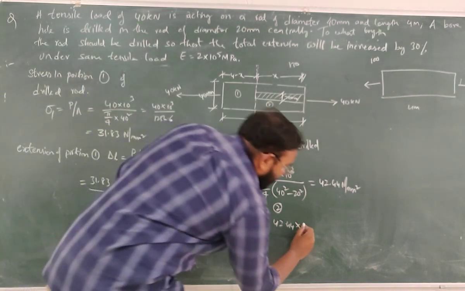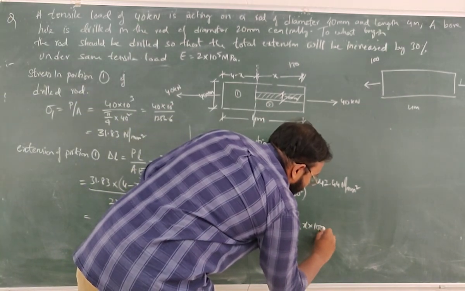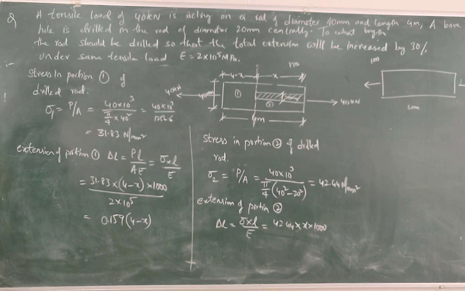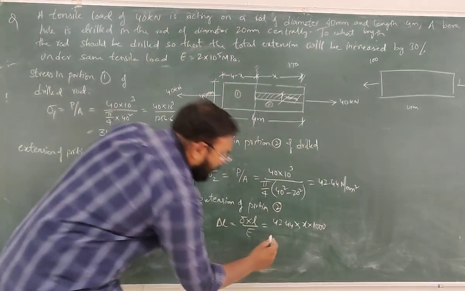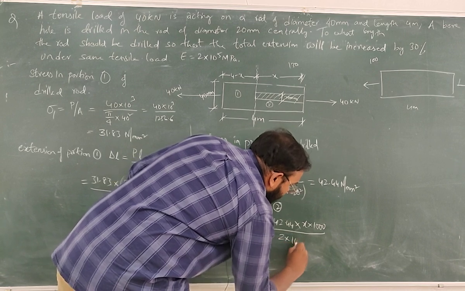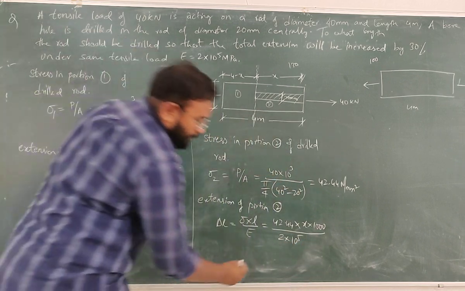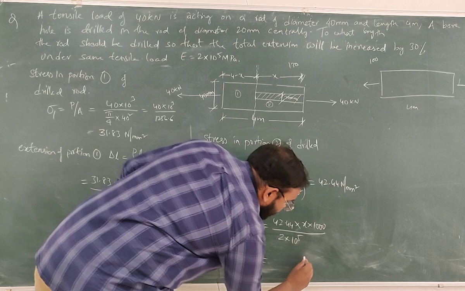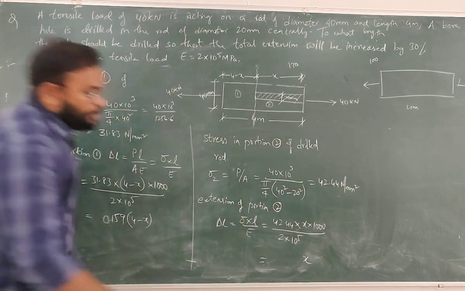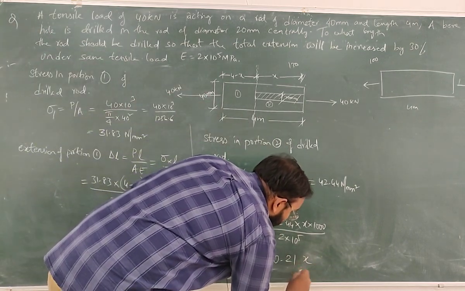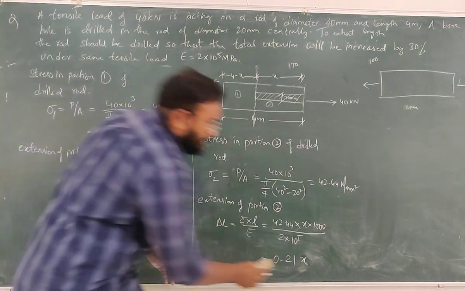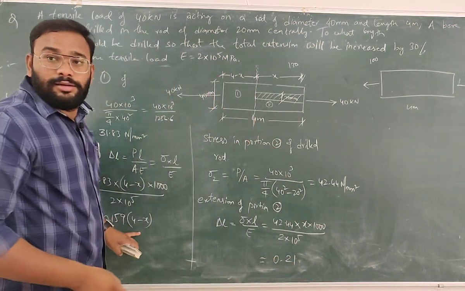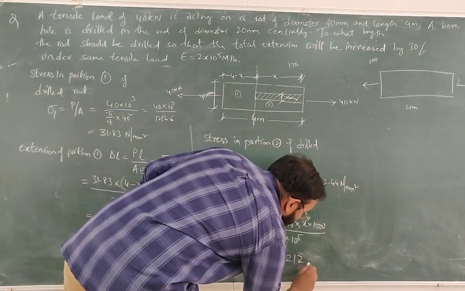X multiplied by 1000 to convert into millimeters, because I multiplied here, I need to multiply here again. Whole divided by 2 into 10 power 5. Tell me in terms of x what is the answer? 0.212 x.